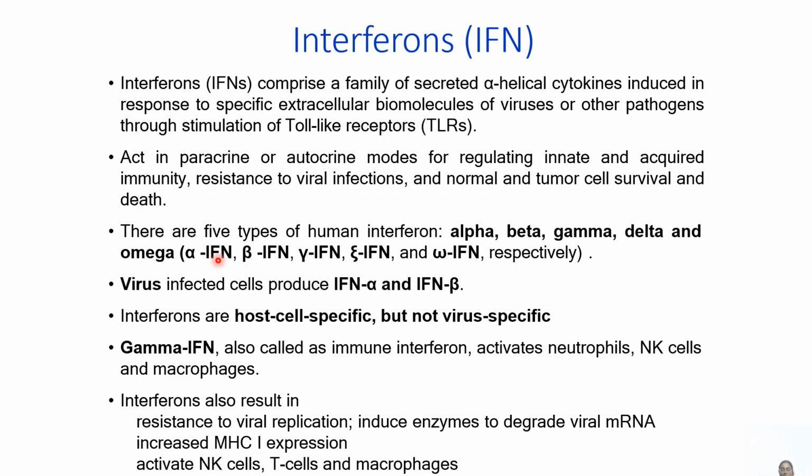Virus infected cells produce interferon alpha and interferon beta. They are host cell specific but not virus specific. Gamma interferon, also called immune interferon, is produced by T cells, NK cells, and macrophages. Interferons also result in resistance to viral replication, induce enzymes to degrade viral mRNA, and increase MHC1 expression.